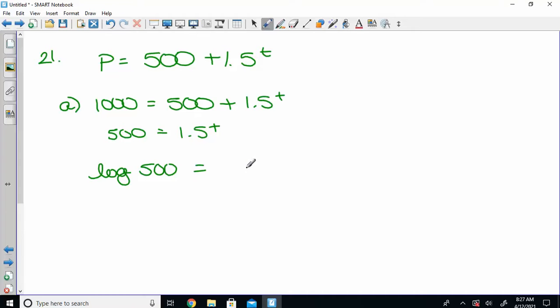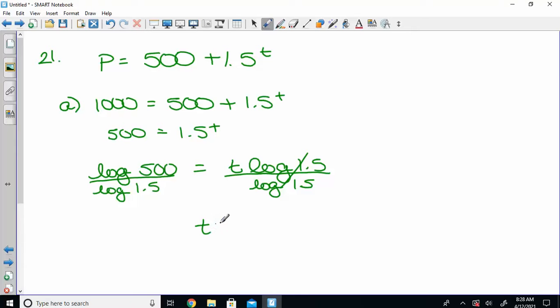When you do that, the t comes down. So we divide by the log 1.5. And you get 15.327 years.